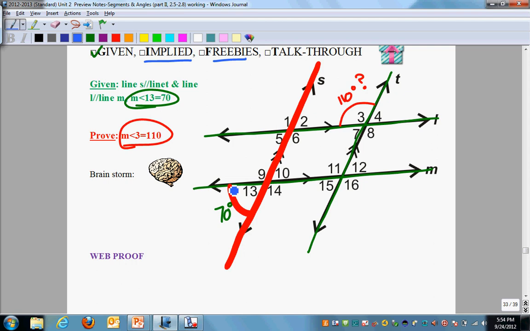On that stir stick, we know 13 and 2 are congruent. I'm doing a little brainstorm to angle 2. And the reason why, across the stir stick, those are called alternate exterior angles.